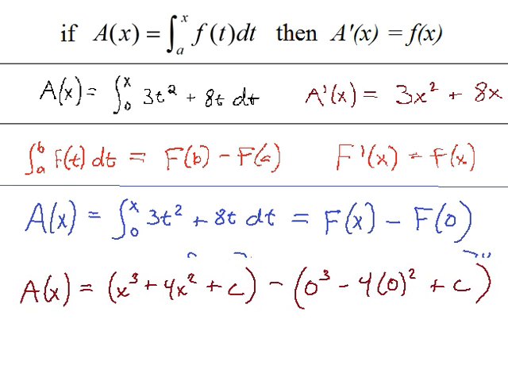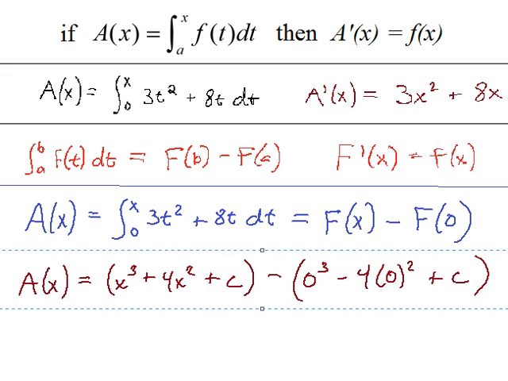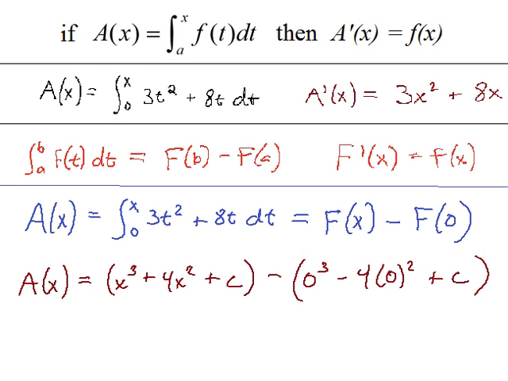When the c's cancel out, we will just be left with A of x equal to x to the third plus 4x squared.